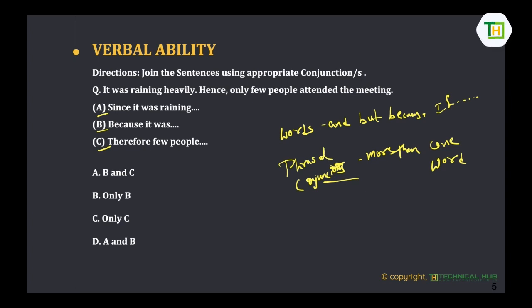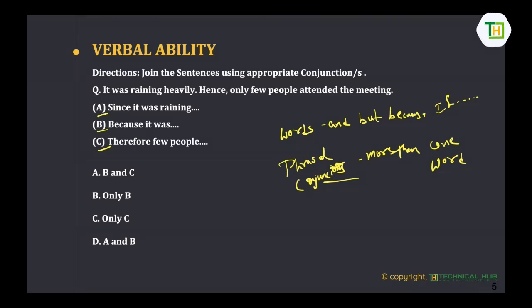Like birds are flying. That's a phrase. Okay, like that, you have to take care of it very carefully. So understand phrasal conjunctions. You'll also have prepositional phrases, adjective phrases, adverbial phrases, all these things. You need to find them out and learn them.